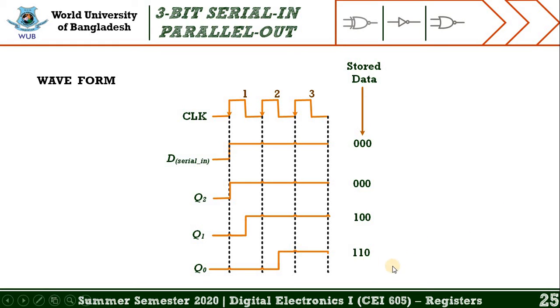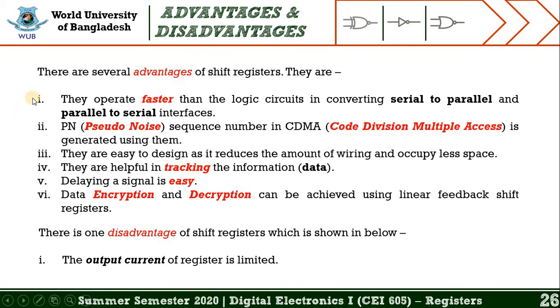Let's move to the next slide to explore some of the advantages and the drawback of shift registers. There are several advantages of shift registers. They operate faster than logic circuits in converting serial to parallel and parallel to serial interfaces. Pseudo noise sequence numbers in code division multiple access are generated using them. They are easy to design as they reduce the amount of wiring and occupy less space.